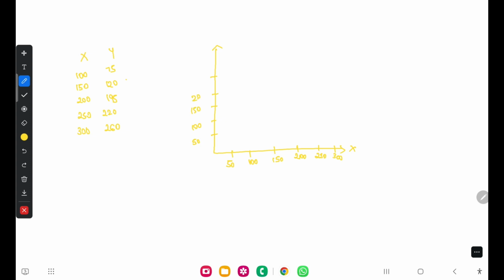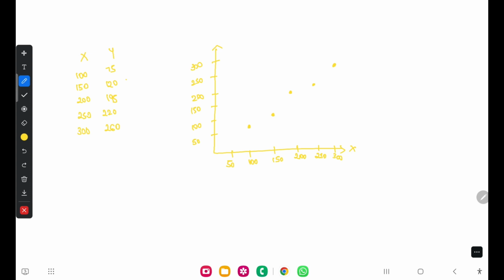So when it's 100, this was 75. Then 150, it was 120. Then 200, 195. 250, it's 220. Then when it's 300, we got 260. So these are the sample data.